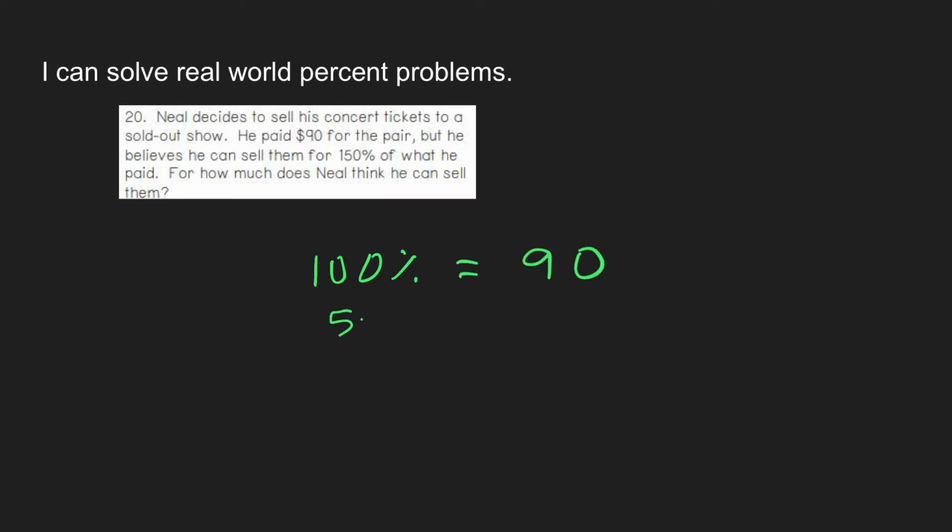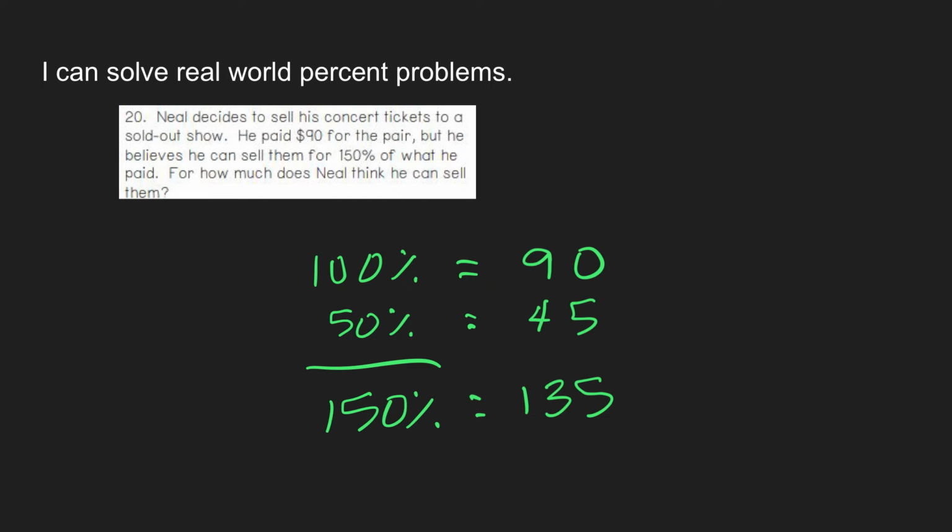And then 50% would equal half of 90, which if you don't know that, divide it by 2. And then 150% equals that plus that. Double check me, but I think $135.